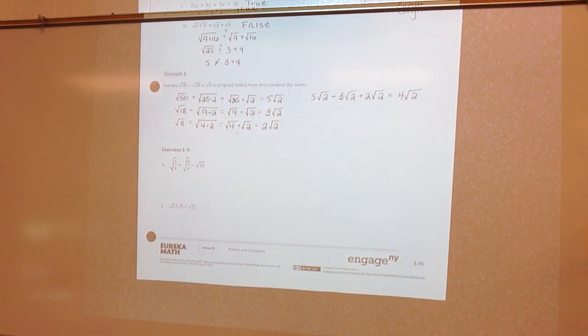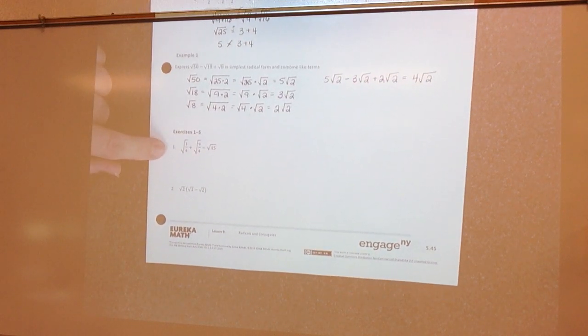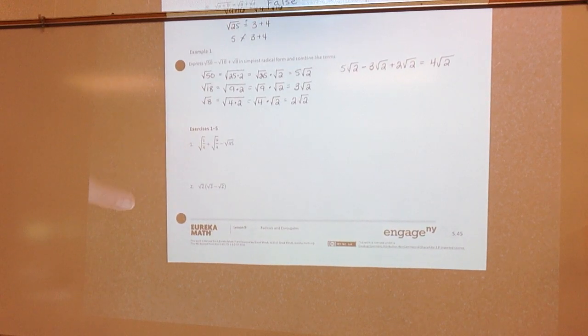Let's look at our exercises. Do not flip out. Do not flip out. You're all looking at number 1 going, oh my gosh, it has a fraction. It's hard. Do not flip out. All right, so the square root of 1/4 plus the square root of 9/4 minus the square root of 45.